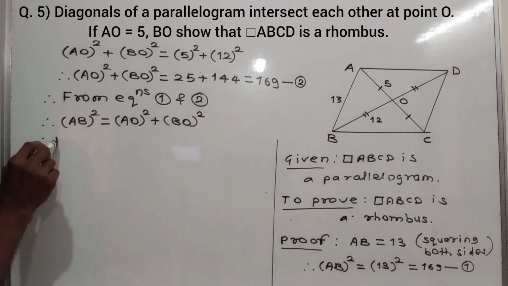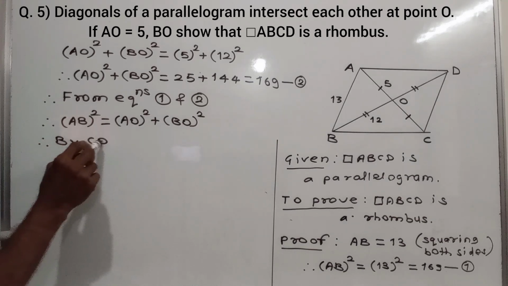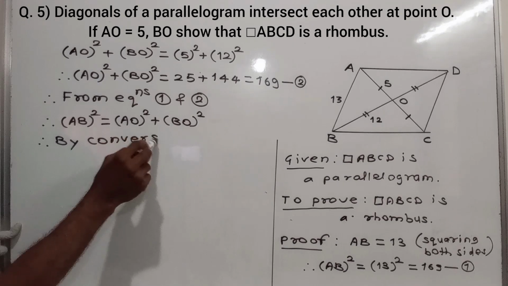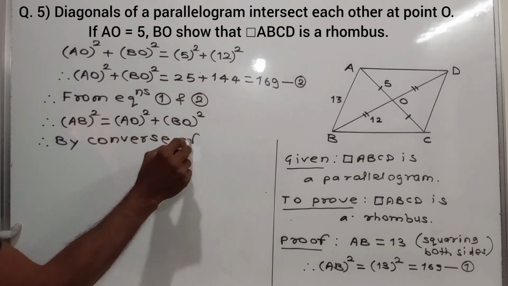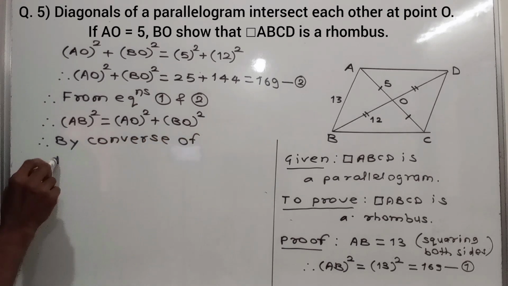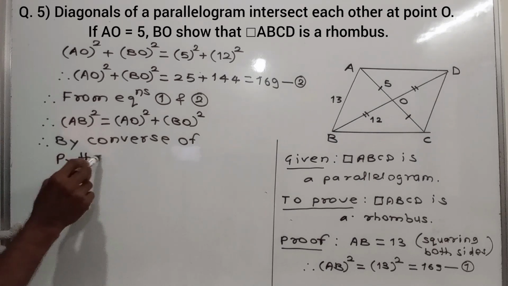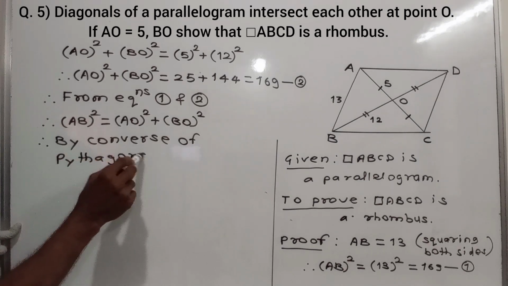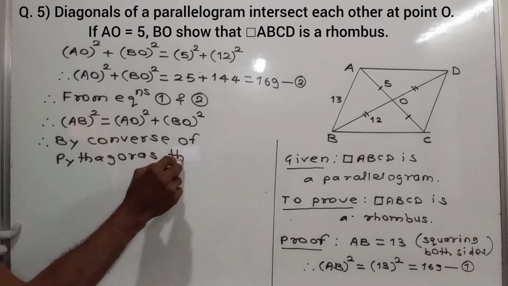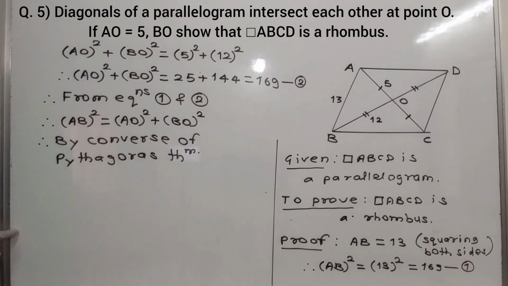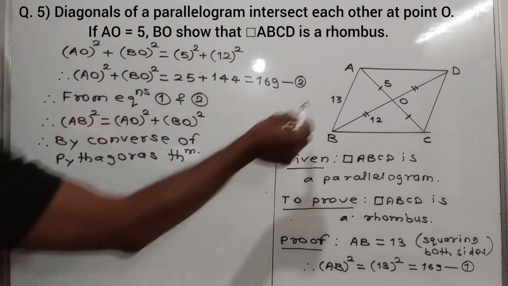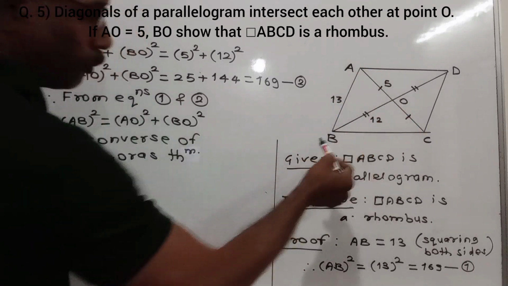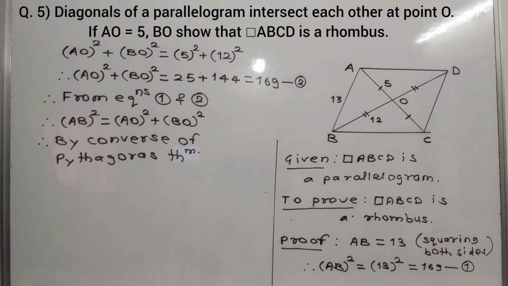Therefore, by the converse of Pythagoras theorem, AB, AO, BO are the sides of triangle AOB.